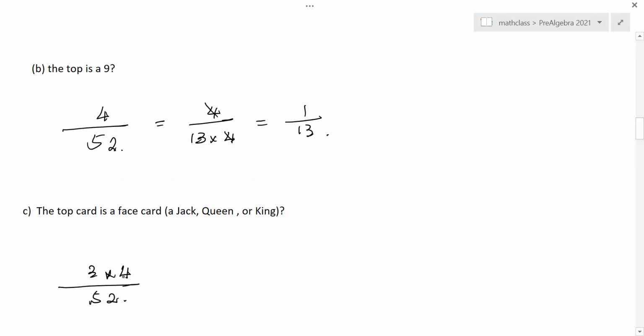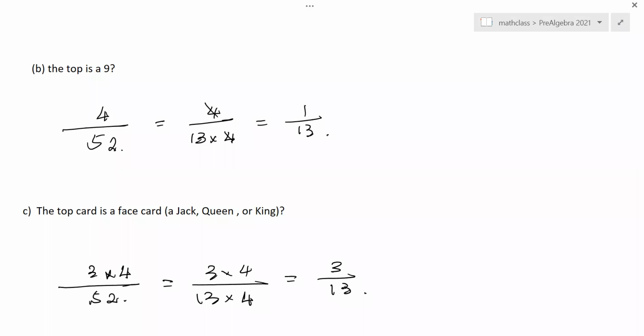I'm not going to multiply this out. Instead, I'm going to factor this out. 52 is 13 times 4. So the 4 cancels out, and we get 3 over 13. You see, if you do the multiplication first, 3 times 4 is 12, then they're all even numbers, so you divide by 2, numerator and denominator, and get 6 over 26. Even numbers again, so you divide by 2 again. See how many divisions you have to do?